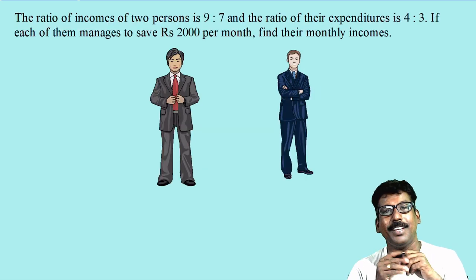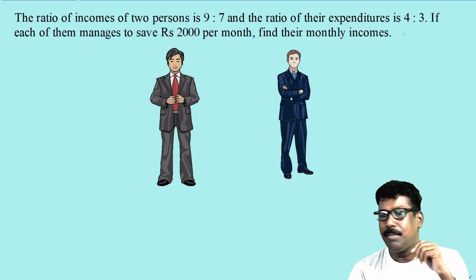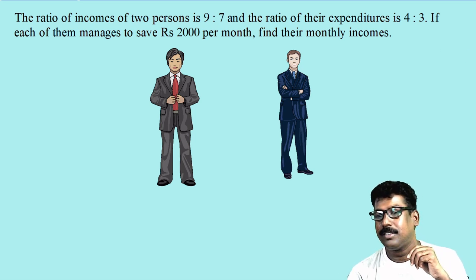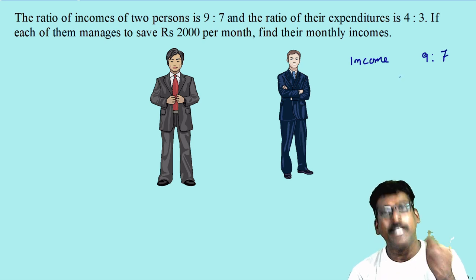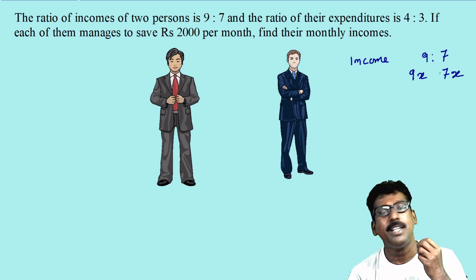Let us do it. Here are the persons and the income is given as 9:7. So in terms of x, we can write the first person's income as 9x, then the second person's income will be 7x.